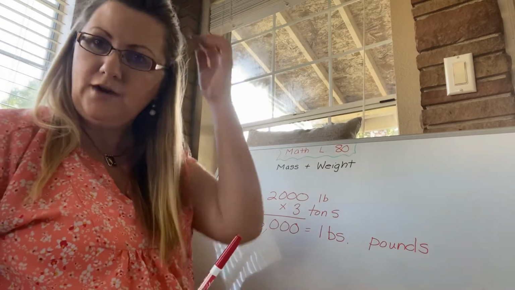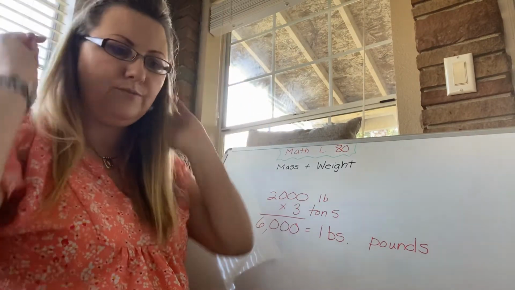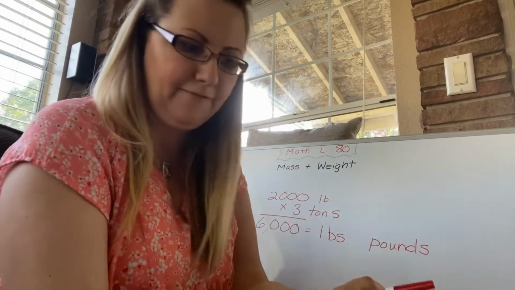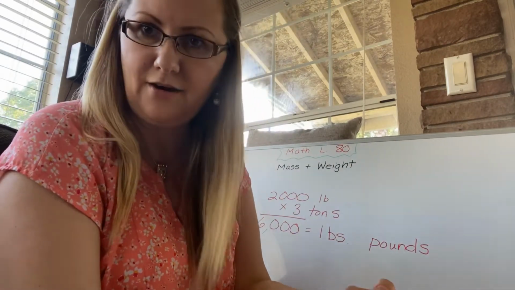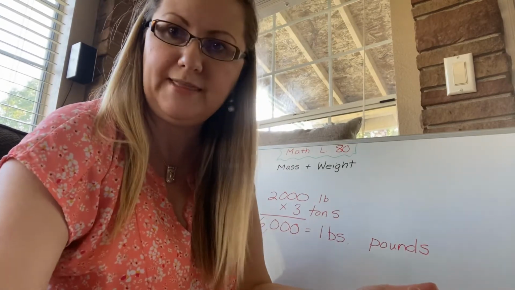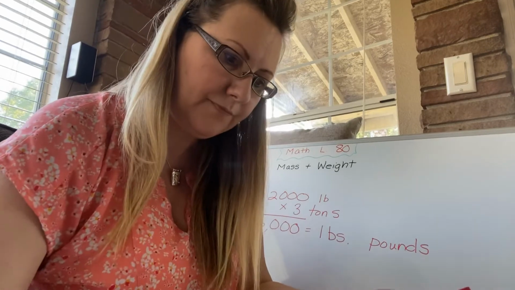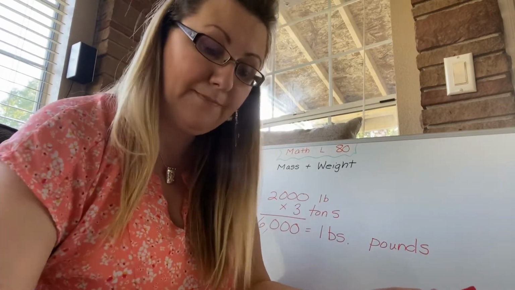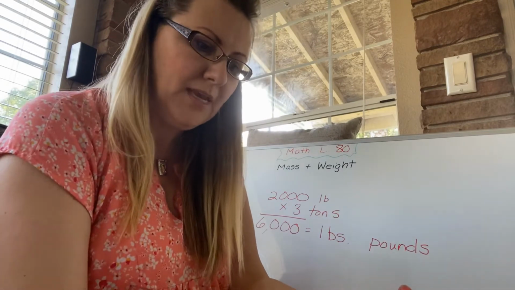The next thing our book mentions is what I have already brought up, which is the metric units of mass. They are not just the grams, which is what the mass of that little paper clip was, but there are also kilograms.